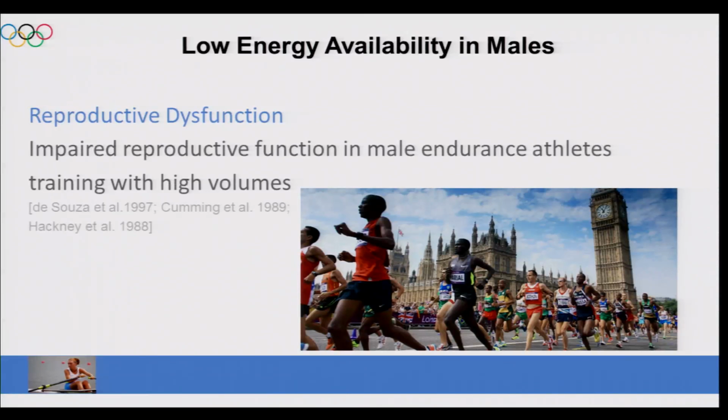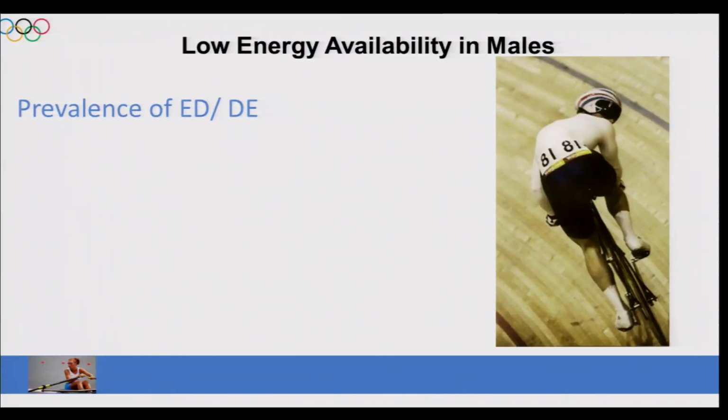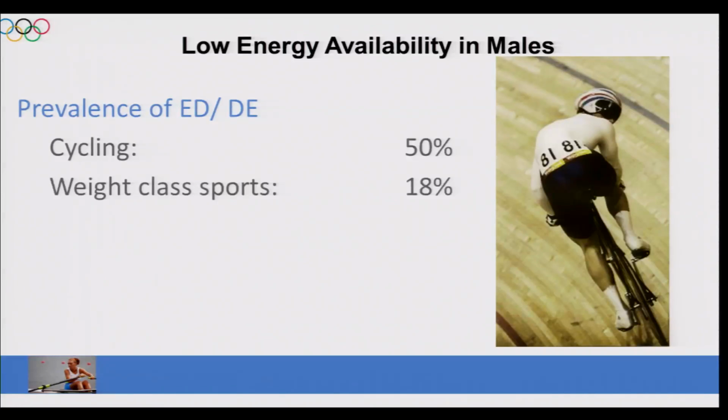And if we look at reproductive function in male endurance athletes with high volumes, they have effects of reproductive dysfunction as well. If we look at eating disorders and disordered eating in this population, it's up to 50% of athletes, male athletes in the cycling population, have behaviors.